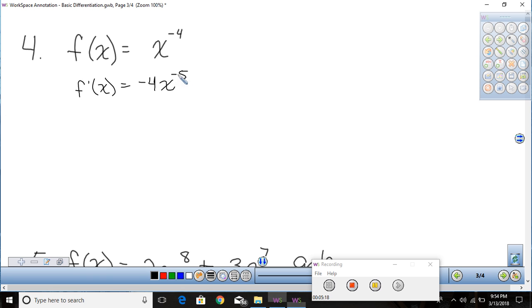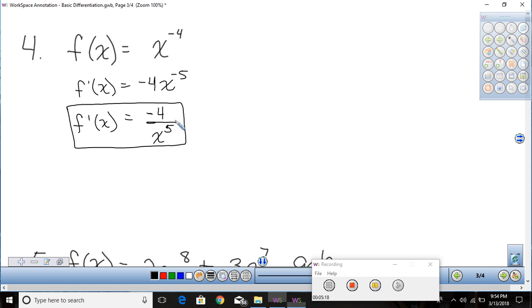So the way you change that to positive is this is in the numerator, so we're going to move it to the denominator, which will then make that a positive 5 in the power, which you learned in Algebra 1. So little quick thing there. If I had something like this, I could move it up into the numerator and the power would become positive.